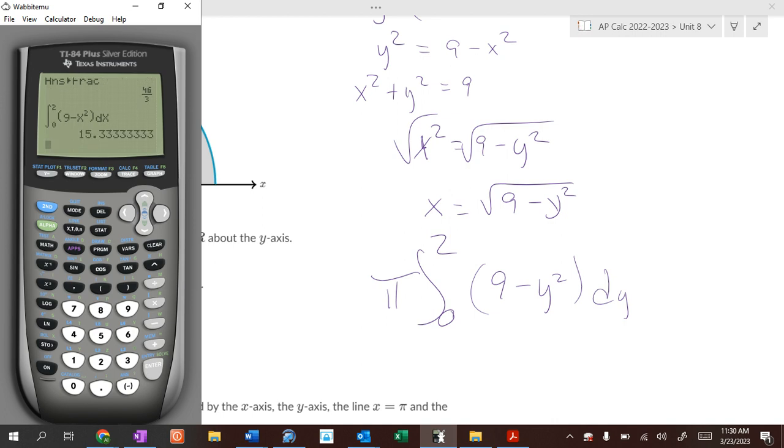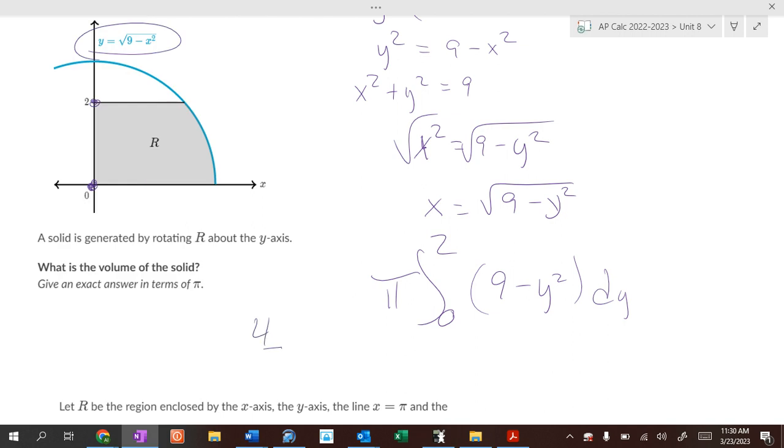We get that. Khan Academy doesn't like that, so we go math, change it into a fraction. So 46 pi over 3 is our answer. Get the gist of it?